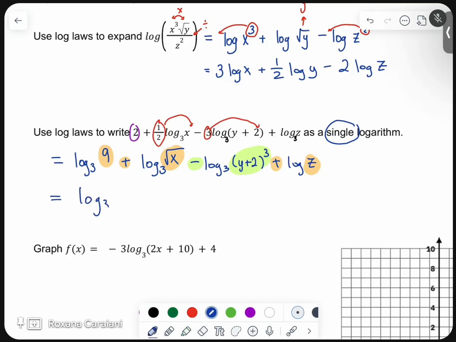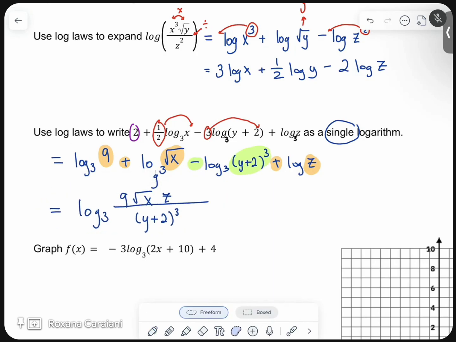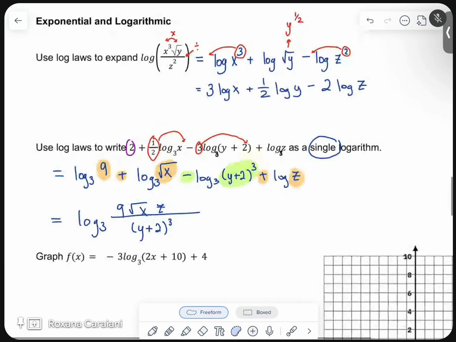So log base 3, and then my numerator will have a 9 root x and z, all divided by y plus 2 cubed. And that is our answer. And this is a single logarithm now. Okay, so those are our log laws in both versions, expanding and simplifying.